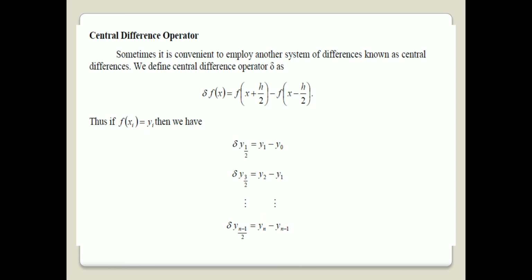Now our third difference operator is the central difference operator. Sometimes it is convenient to employ another system of differences known as central differences, and we define the central difference operator, which is denoted by small delta. Small delta f of x, the central difference of f of x, is equal to f of x plus h by 2 minus f of x minus h by 2.